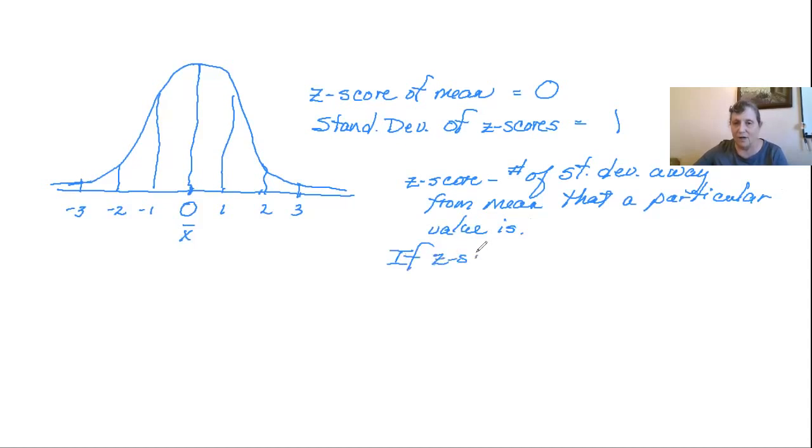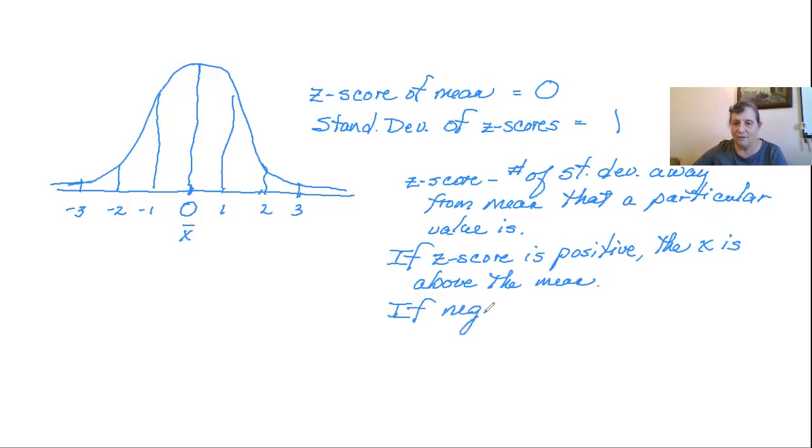If your Z-score is positive, then the value is above the mean. If it's negative, the X is below the mean, which I mean, if you know what the X value is and you know what the mean is, you could tell that quite easily.